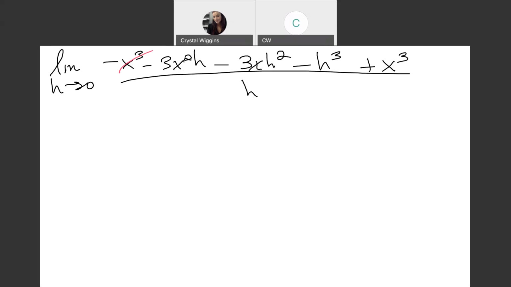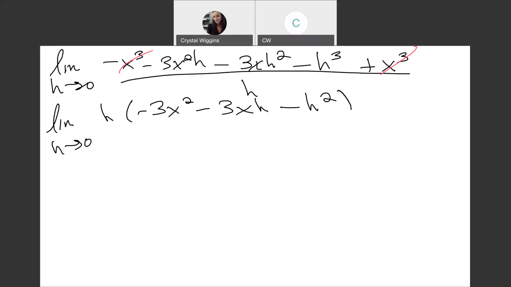Our negative x cubed and our positive x cubed cancel, leaving us with all terms with h in it, and we are able to factor out an h in the numerator, leaving us with negative 3x squared minus 3xh minus h squared all over h.